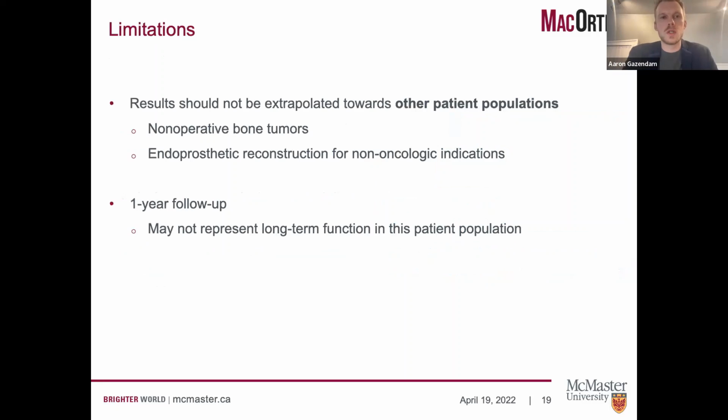Some limitations: the results shouldn't be extrapolated to other patient populations, such as patients with non-operative bone tumors, like a patient with a lymphoma, or patients who are undergoing endoprosthetic reconstruction for non-oncologic indications, such as a fracture. As well, we were limited with 1 year follow-up, which may not represent long-term function in this patient population.